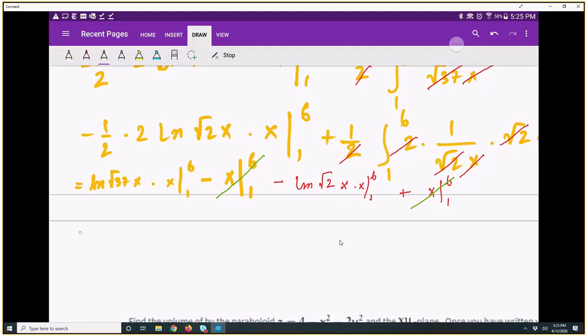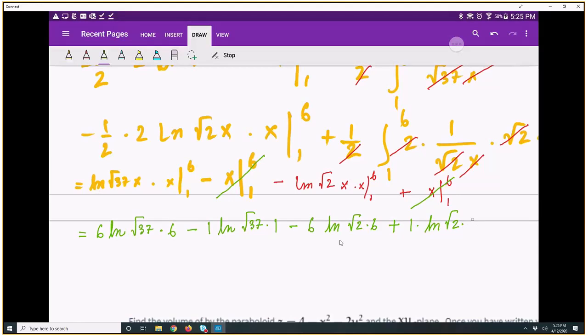So what I get when I put in 6 times natural log of square root of 37 times 6 minus, now we are going to put in 1 for our limit, and I will get 1 times natural log of square root of 37 times 1. From the other function, I get minus 6 times natural log of square root of 2 times 6, minus times minus is a plus, 1 times natural log of square root of 2 times 1.